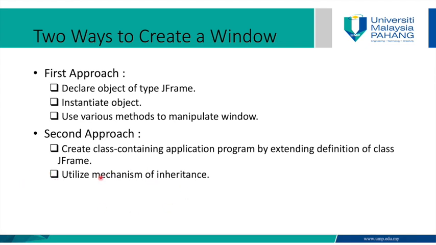But with this one, you use the inheritance mechanism that we learned in our previous chapters. You create a class that already has the application program, and then you extend the definition of the class JFrame.